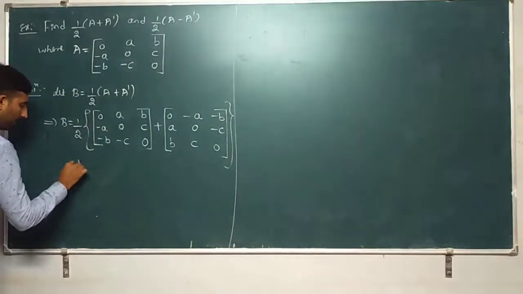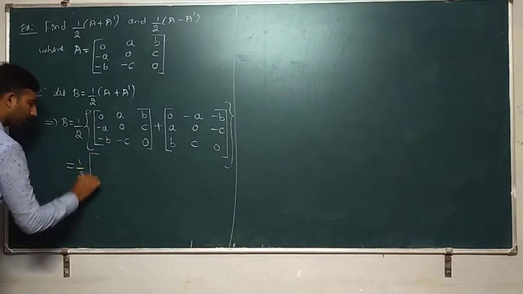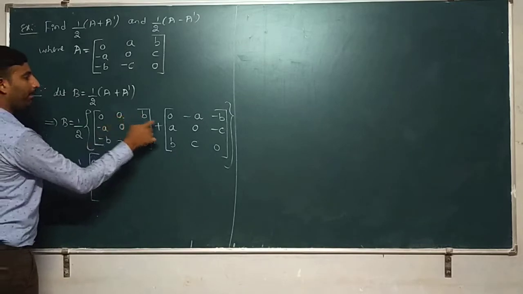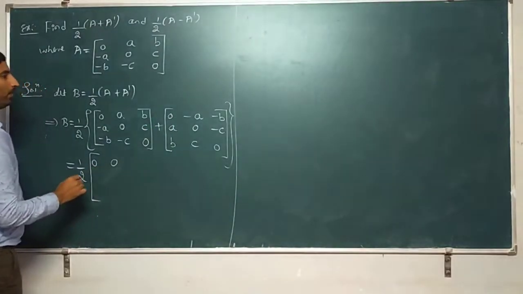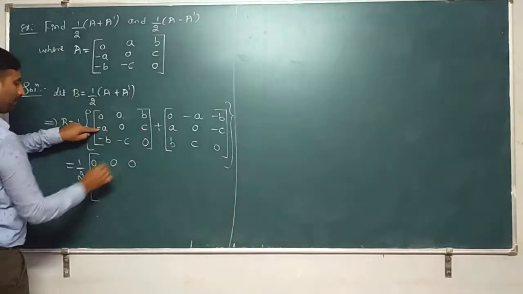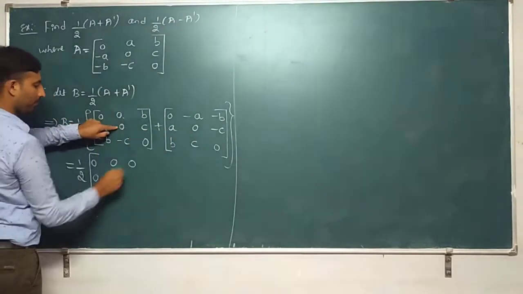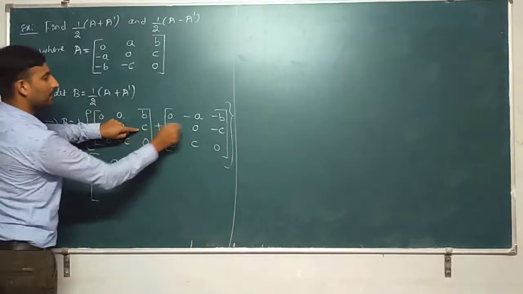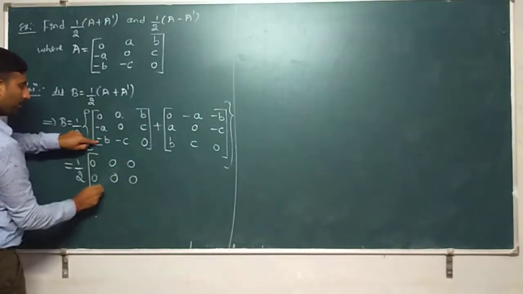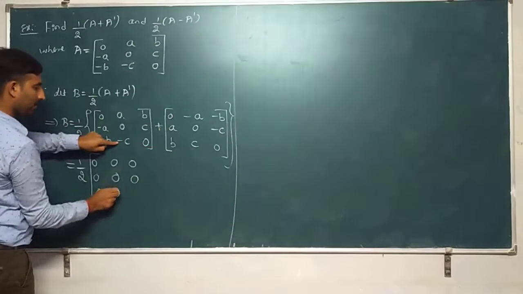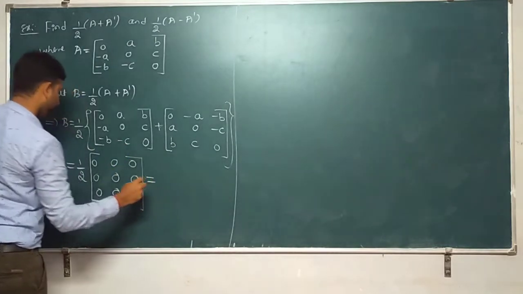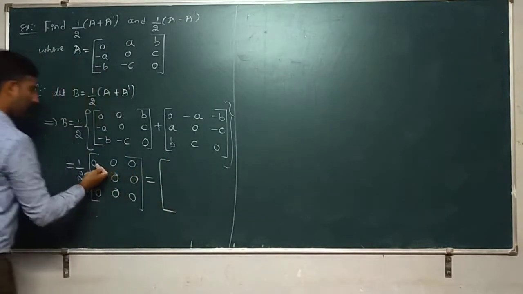Which is nothing but half into 0 plus 0, 0, a plus minus a, 0, b plus minus b, it is also 0, minus a plus a, 0, 0 plus 0 is 0, after that c plus minus c, 0, minus b plus b, 0, minus c plus c, 0, 0 plus 0 becomes 0, which is equal to 0 matrix.